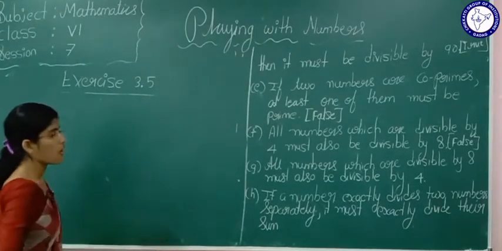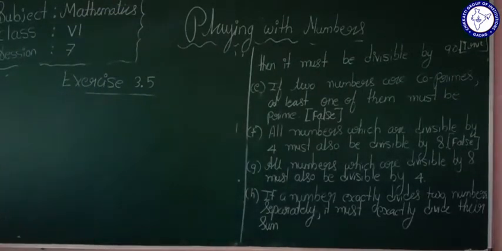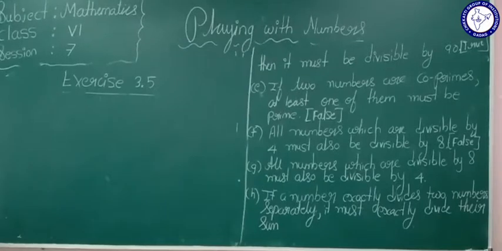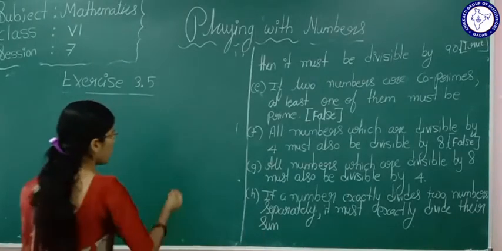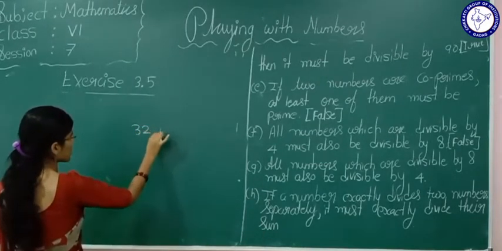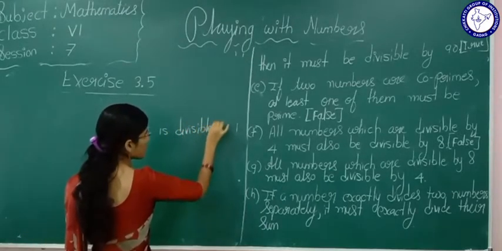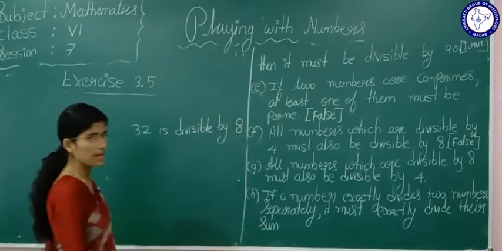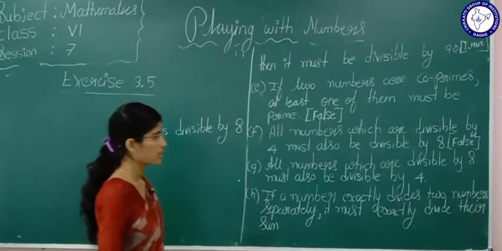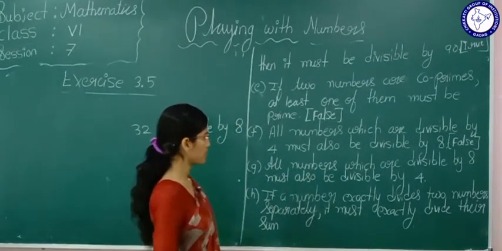Now see, all numbers which are divisible by 8. I will give an example. Now I will take 32. This 32 is divisible by 8, right? All numbers which are divisible by 8 must also be divisible by 4, they are asking.